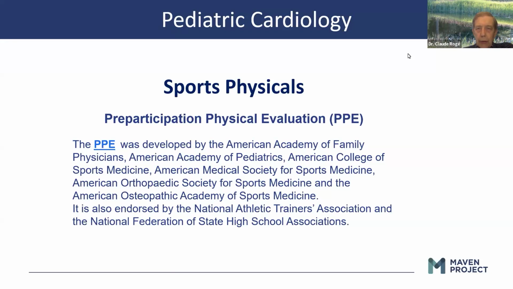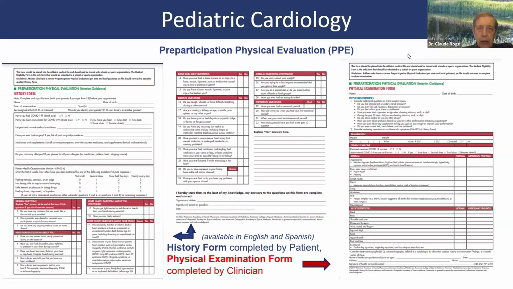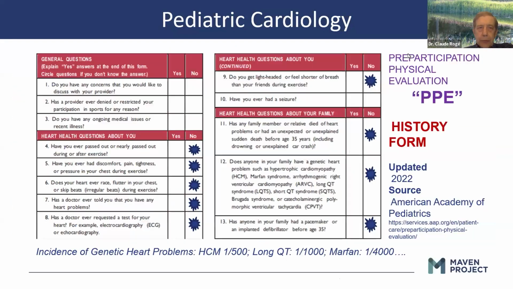But usually the forms that most people use are from this conglomerate of organizations. This, for instance, is the form that's published by the American Academy of Pediatrics. There are essentially two parts to it. One here is a history that's completed by the patient or the family. And then on the right, the physical examination form that you complete, you as a clinician.